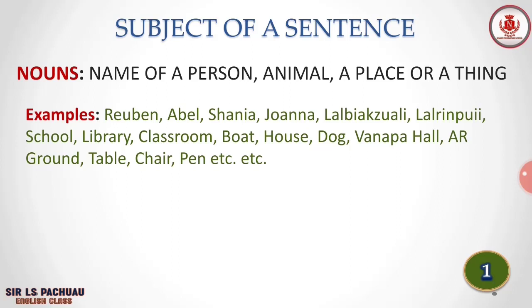Here boat and house are a thing. We can simply call it a thing. Dog is an animal. Hall, ground, these are names of places. Table, chair, pen, these are names of things. Alright, we know nouns, right? These nouns can be used as subject of a sentence.